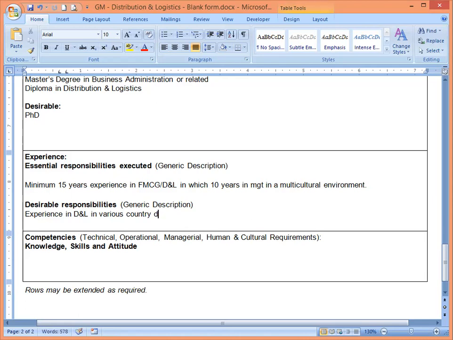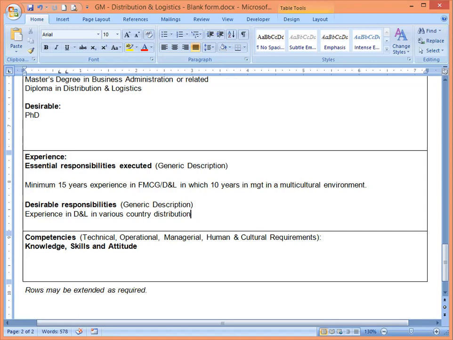Country distribution chains, you can say that. Meaning even if you're not working abroad, but you are dealing with distribution and supply chain management, you have to deal with various D&L companies abroad, because maybe you are doing importation and many things, which you need to deal with various logistics operations abroad.